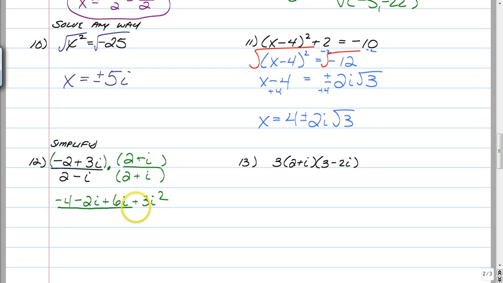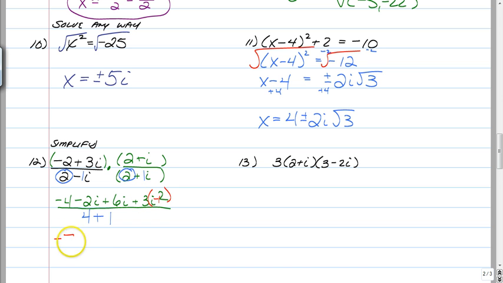Now the bottom, there's a shortcut that only works for conjugates. 2 times 2 is 4. It's always going to be plus, and then you multiply the numbers in front of i. So this is a 1i, this is a 1i. 1 times 1 is 1. It'll always be plus. So now you just have to simplify the top. So remember, i squared is a negative 1. So this is like saying a negative 4 and a negative 3.